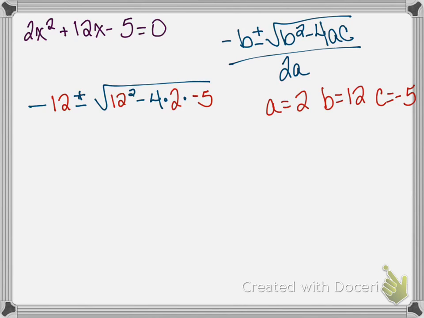Anytime that I have negative numbers, I always put them in parentheses. And that is all over 2 times a.